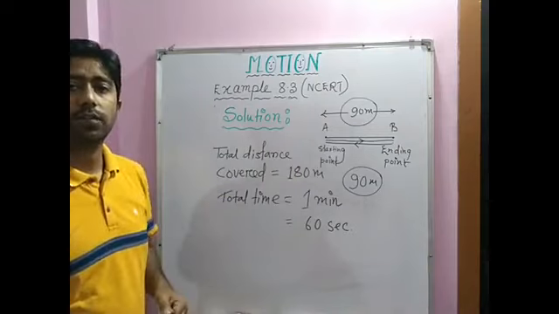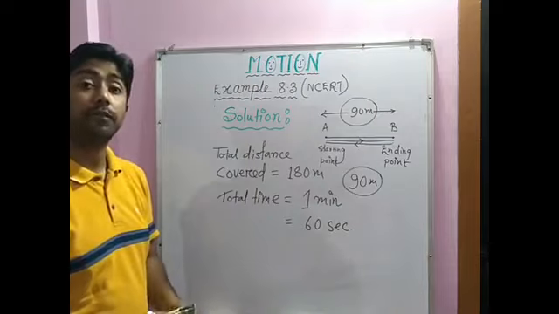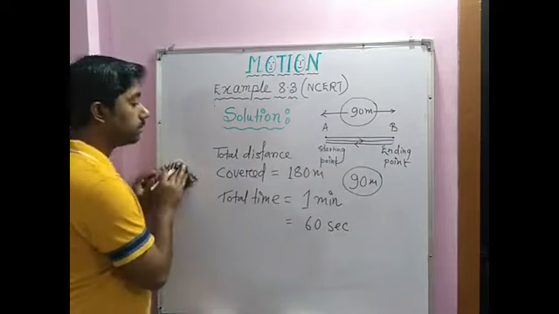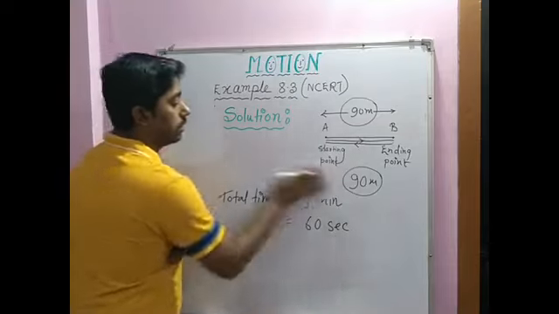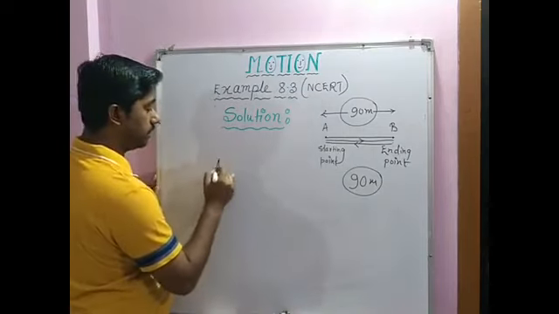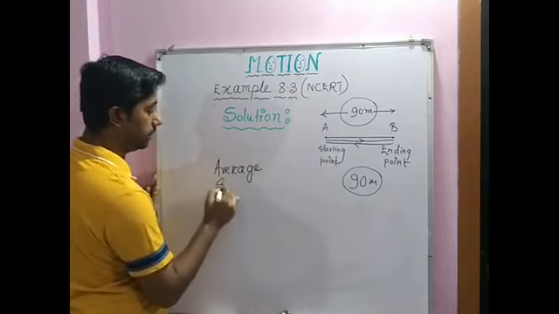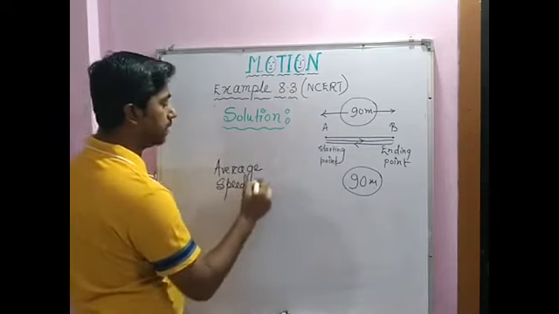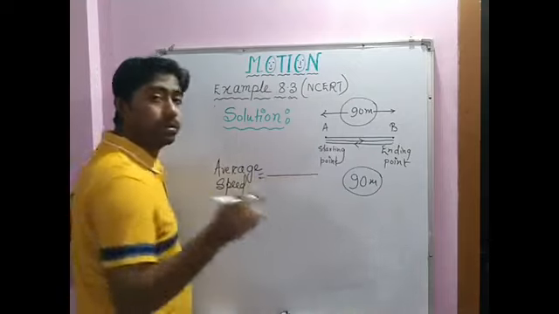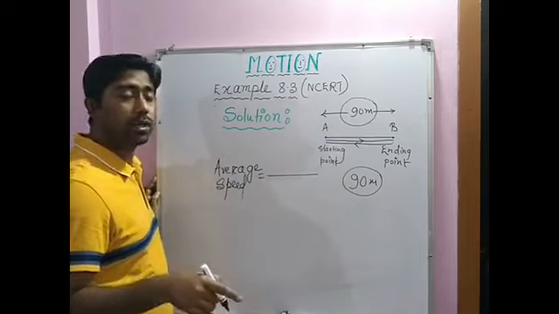Now you have to recall the formula for average speed. If you recall the formula for average speed, formula was average speed. Average speed is total distance on the numerator divided by total time.